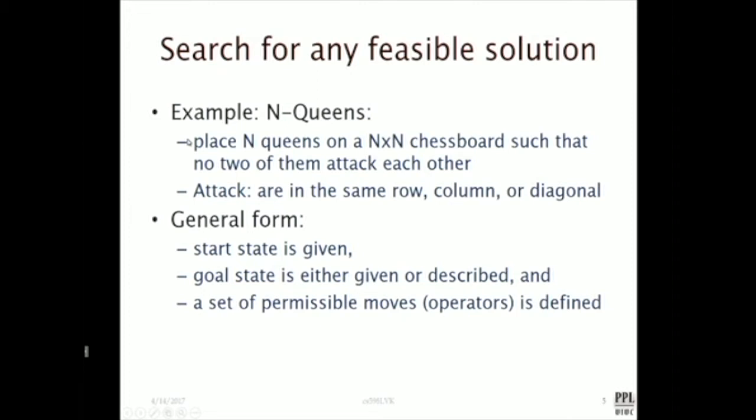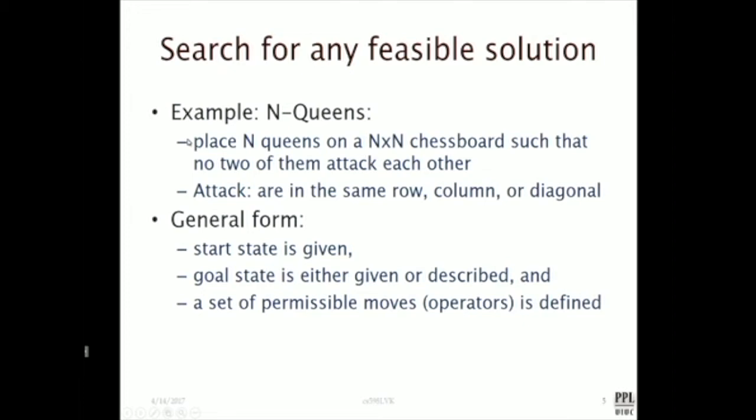The pigeonhole principle tells you that they all must go to different rows. And so n rows, each row is occupied, each column is occupied, and then they must not attack along diagonals either. So how can you find a configuration that satisfies this definition?